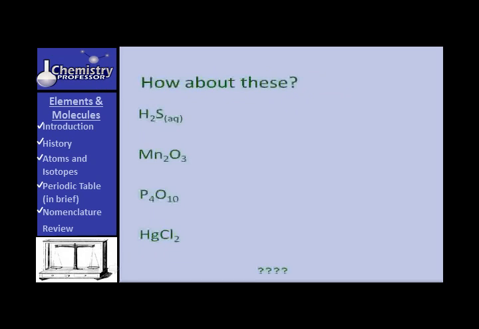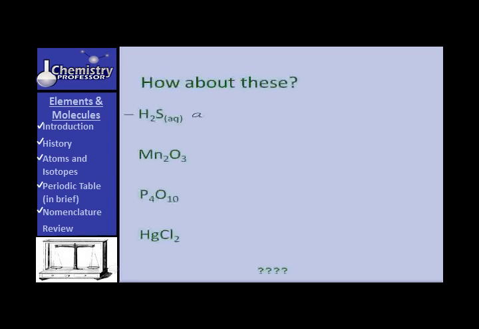Here we have several different compounds to name. Let's see if we can remember how to do all of this without going back and looking up the directions. Now, starting with this first one right here, we have a compound that starts with hydrogen. It's binary, and it's aqueous. Therefore, it's an acid.